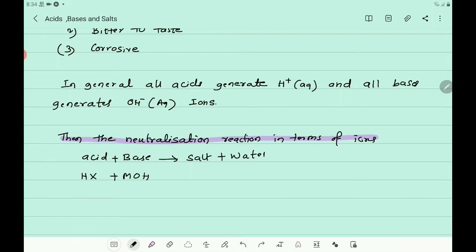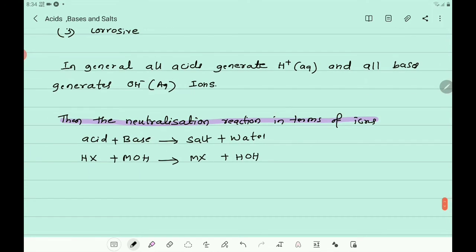So what will you get here? MX, that is salt, plus HOH, that is water. Here H plus and OH minus give H2O.